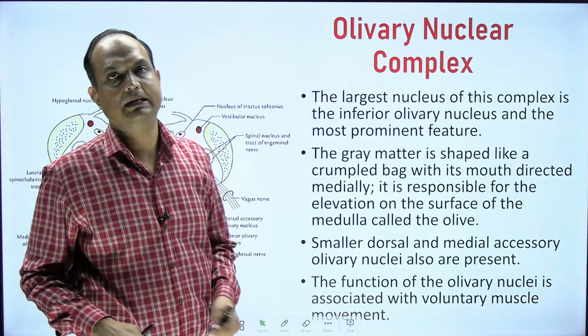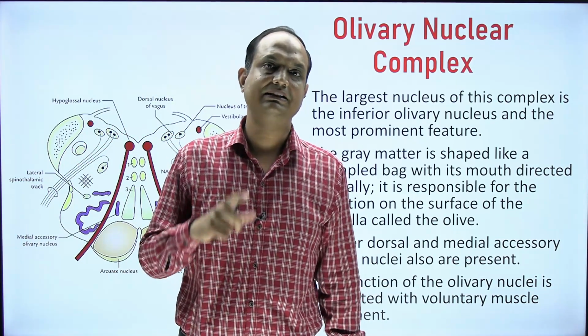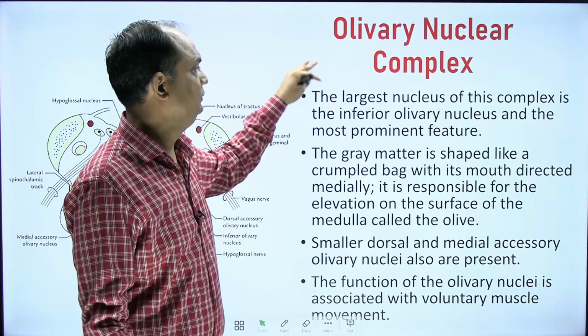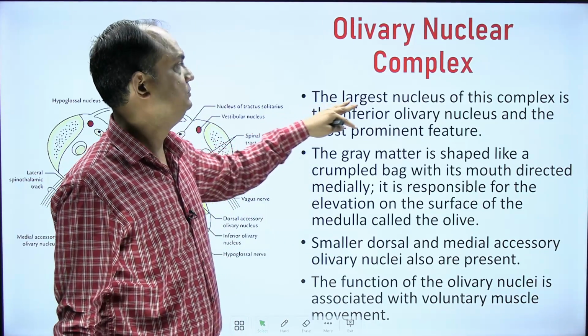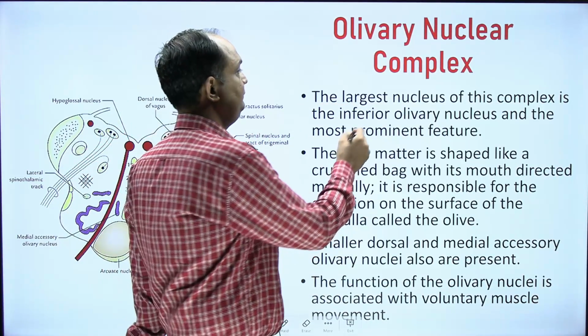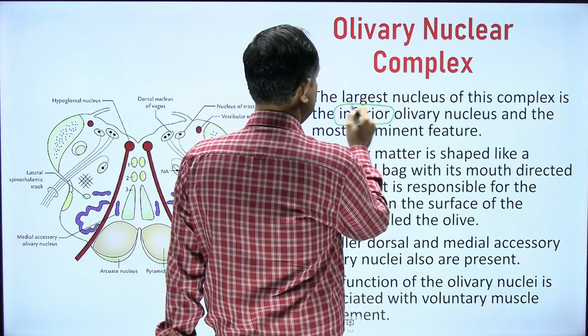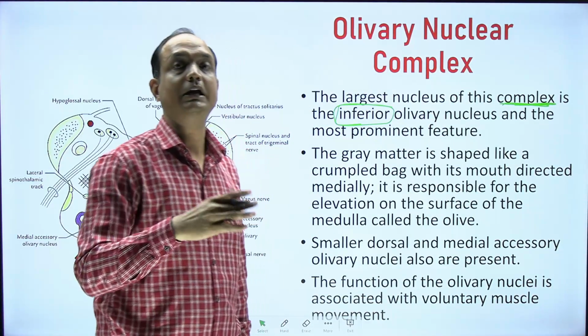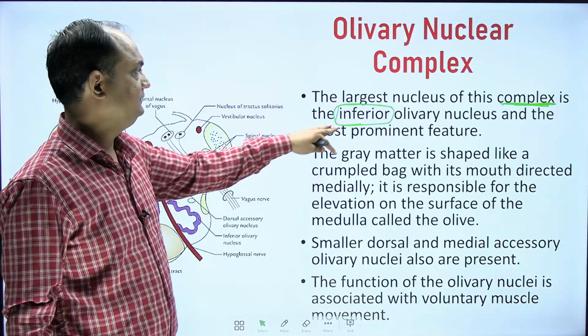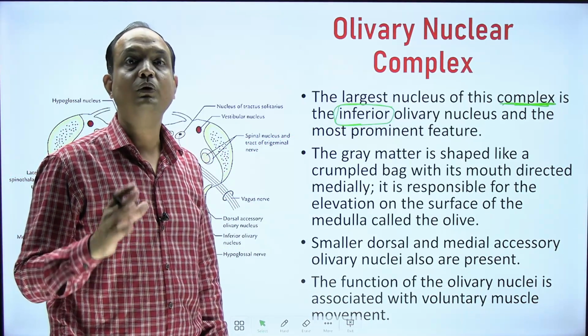So what do you mean by the olivary nuclear complex? At this section, this olivary nuclear complex is the most pronounced feature, and the largest nucleus of this complex is the inferior olivary nucleus. Now because it is a complex, that means it is a combination of three nuclei. Out of these three, the inferior nucleus is the most prominent.